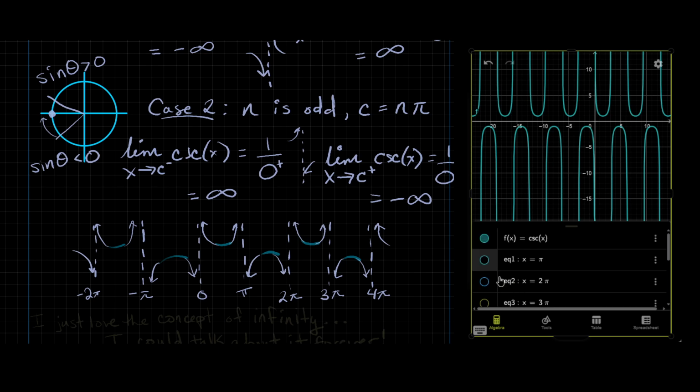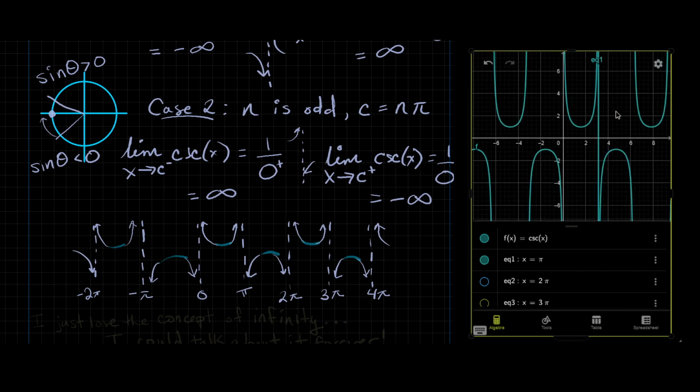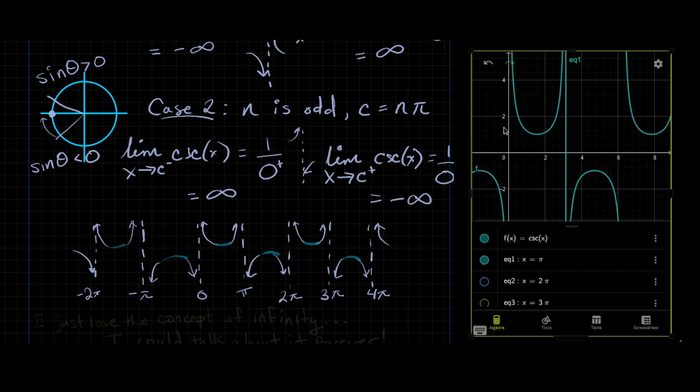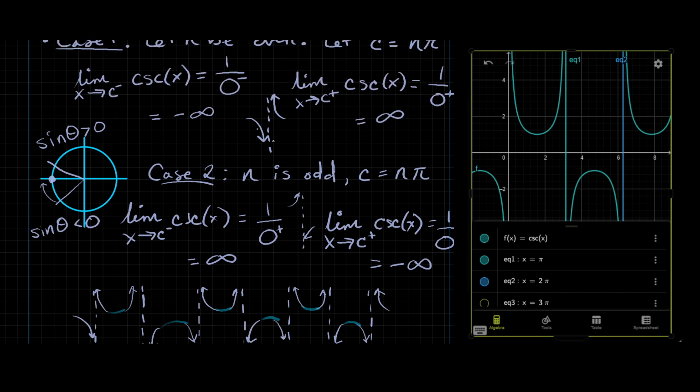Okay, so we can see here is pi. So as x is approaching pi, this behavior is showing up here and here. As x approaches 2 pi, this behavior is showing up here and here.